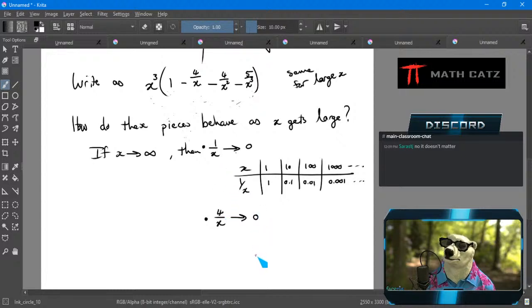So it's still going to shrink down to 0. If you're not sure how big x is, it's bigger than anything you can even imagine. There's no end. Does it matter if I make it negative?